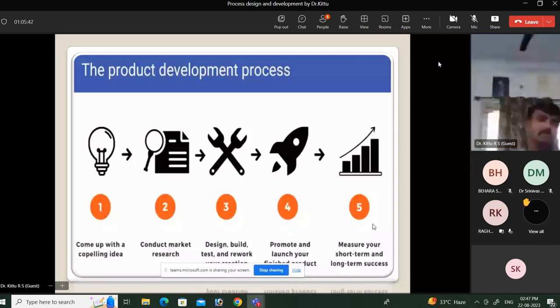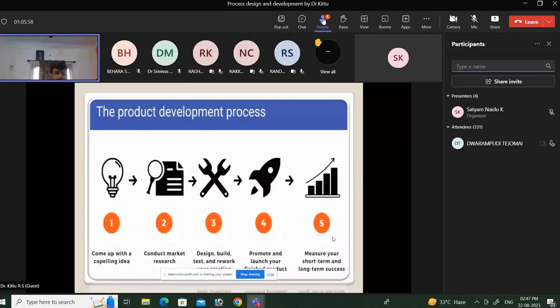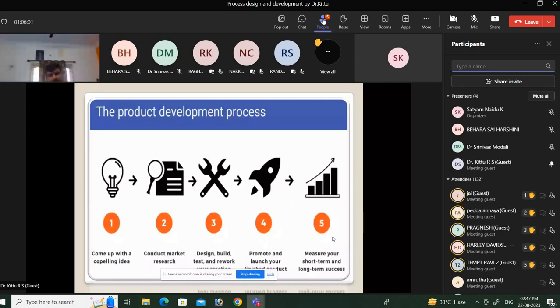You can go for different designs or different technology to make good products and services. So this is actually the process of how we are going to develop the product, that means the product development.